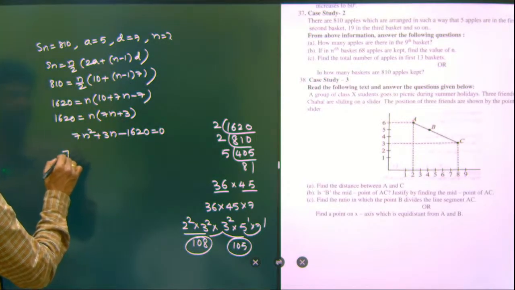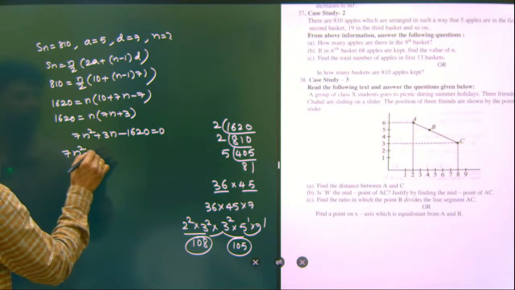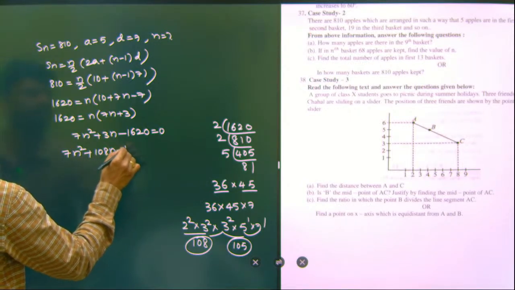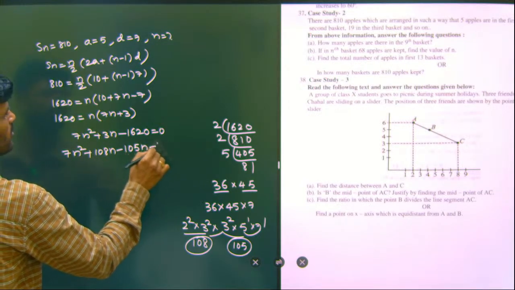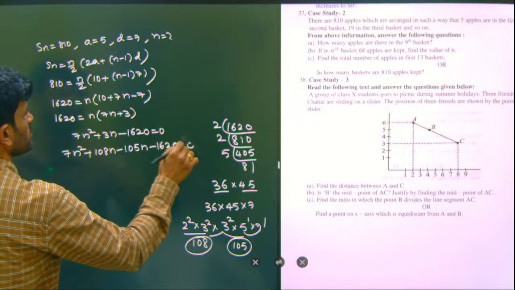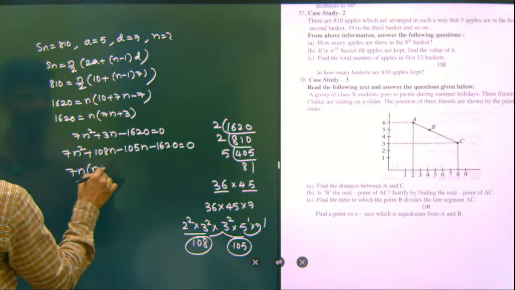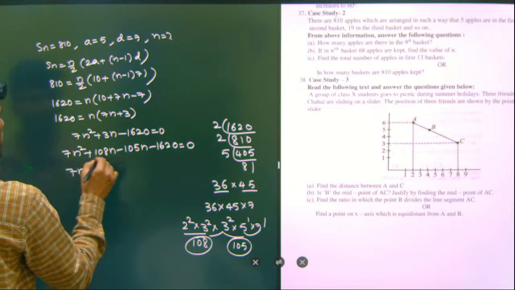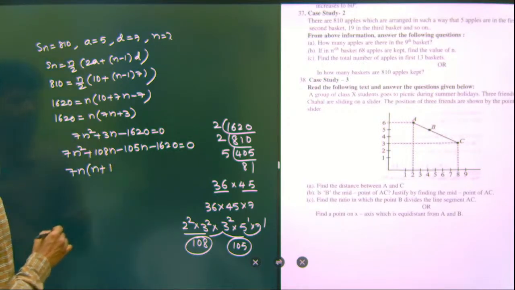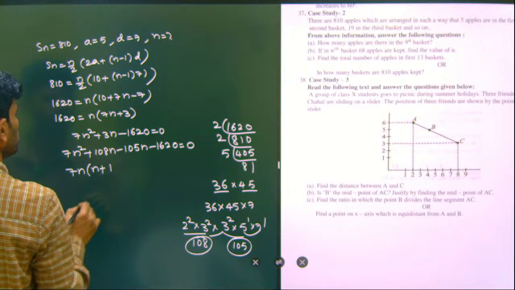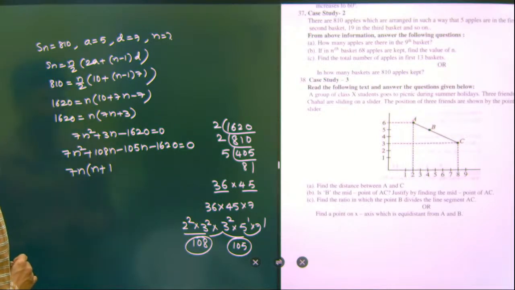So we can write it as 7n square plus 108n minus 105n minus 1620 is equal to 0. Then 7 is common, n is common, n plus how many times? 7 ones are 7. 7 is not dividing 108.